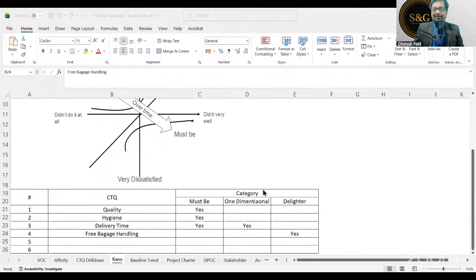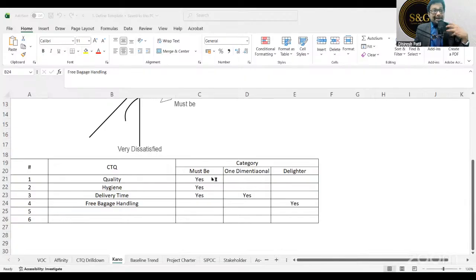So what Kano says is, whenever you categorize the voice of customer, categorize it into these three. Is it a must-be requirement of the customer? Is it a one-dimensional requirement? Is it a delighter requirement? If there is a voice of customer saying a must-be is not there, it must be there but it is not, then this should be your priority number one.